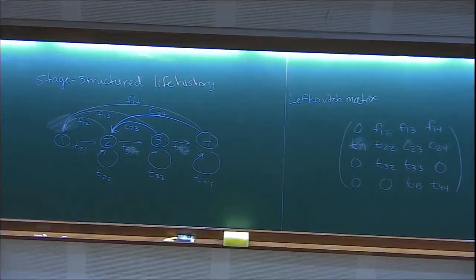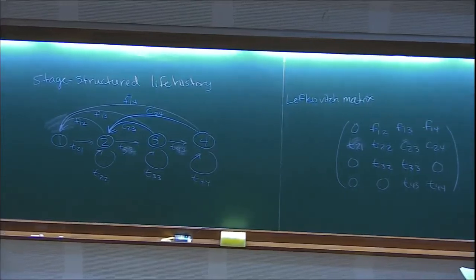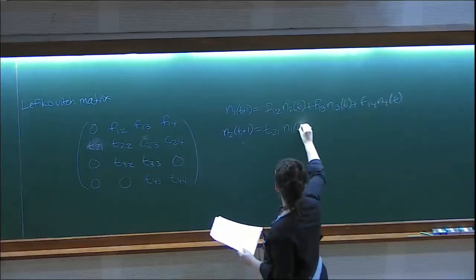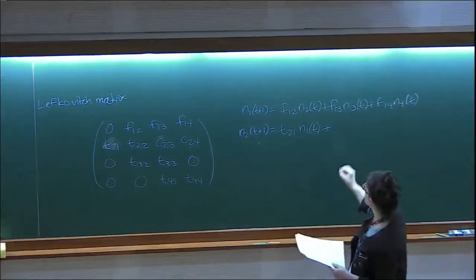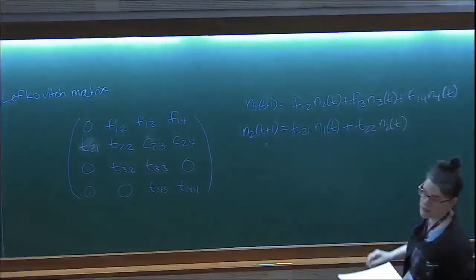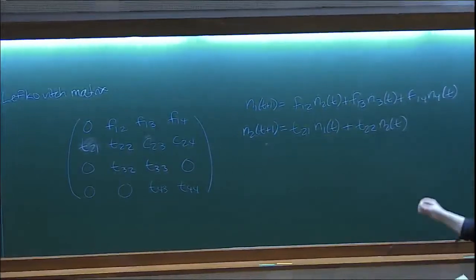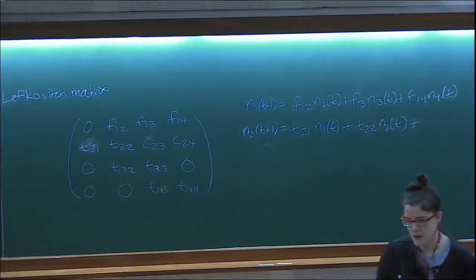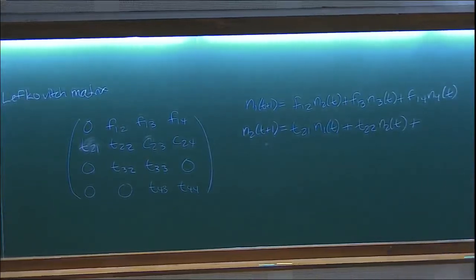All right, so for the second stage, you can grow into it from stage 1. You can stay in the same stage from one time unit to the next because you didn't grow, you just remained roughly the same size. Or in this case, because I've defined it this way, the smallest piece could be made via clonal fission from the other two sizes.